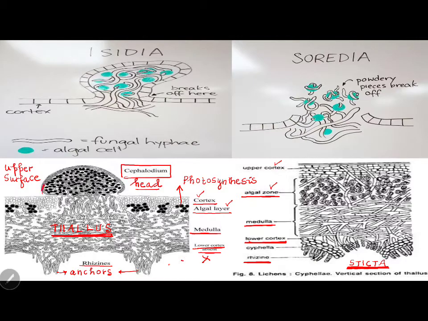You can see small swelling. When this entire structure is microscopic, you can easily understand what this cephalodium will be. Like a head it looks, so it is called as cephalodium. And inside the cephalodium, we usually have cyanobacteria.